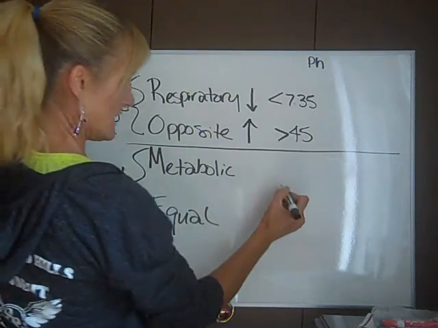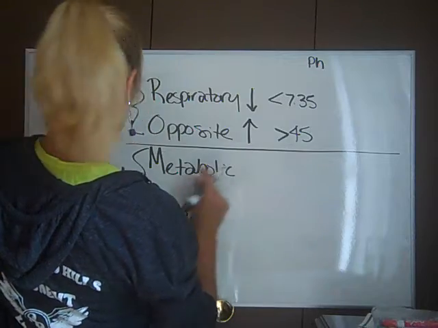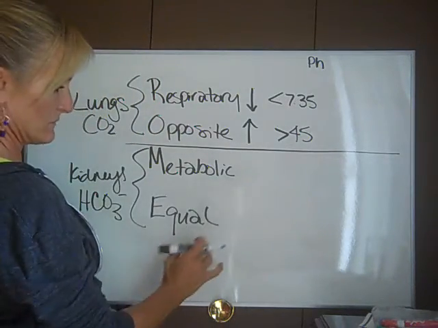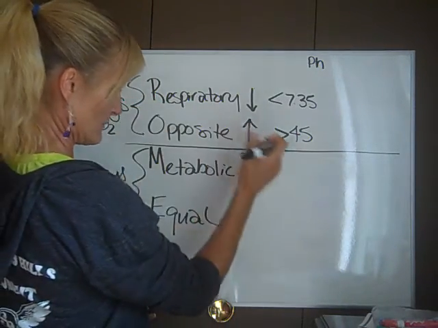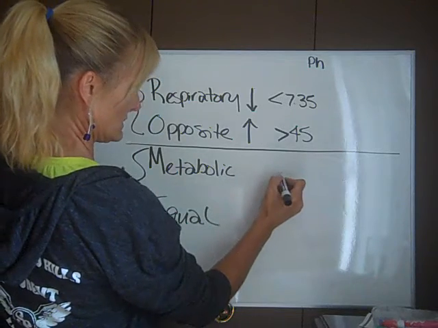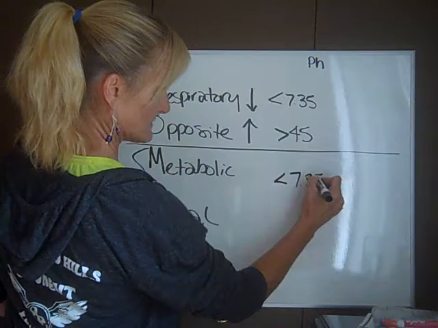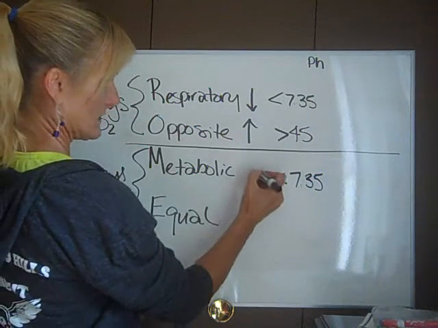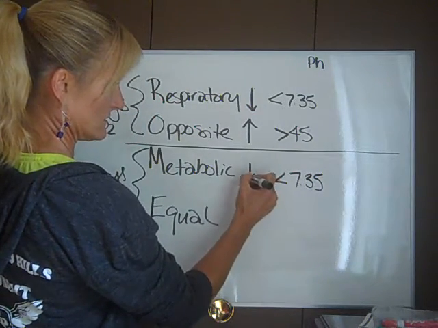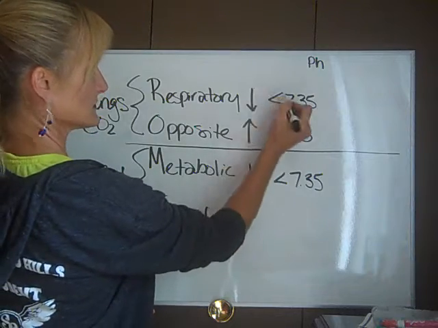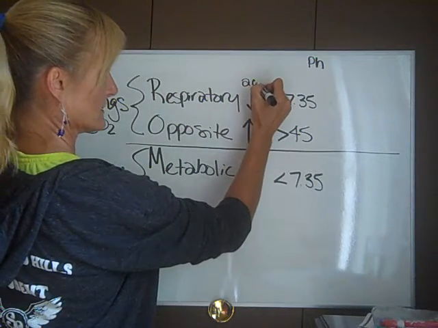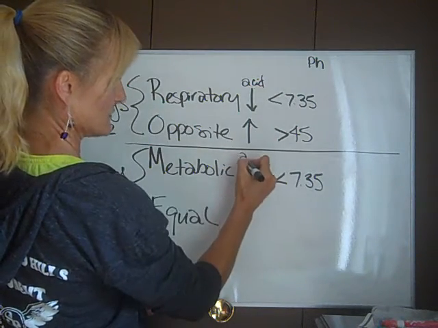Now we're talking about a metabolic system. If your pH is less than 7.35 and it's a kidney problem, that's low. This would still be acidic.